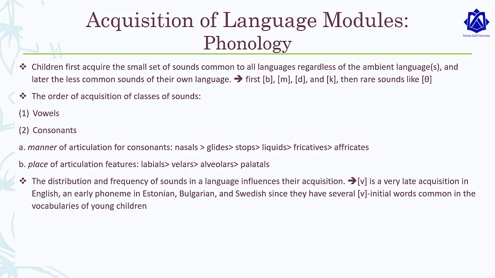So the first thing, we start with phonology. Children first acquire a set of sounds that you can see in all world languages, and this is irrespective of the language that is spoken in their surrounding. Then later, little by little, they learn the less common sounds.